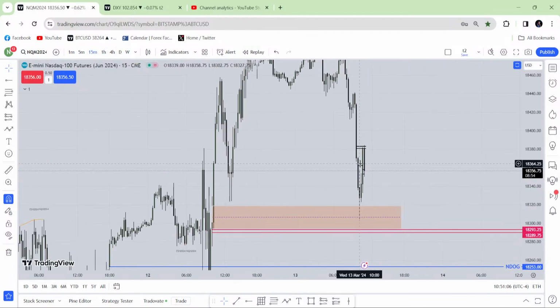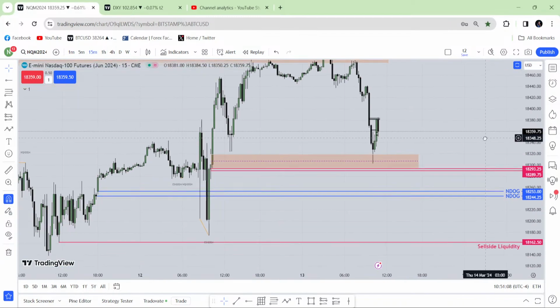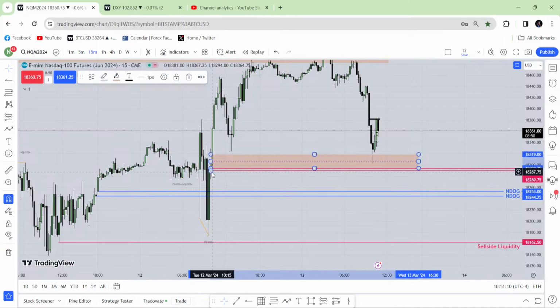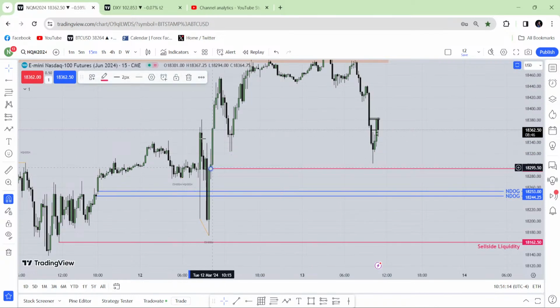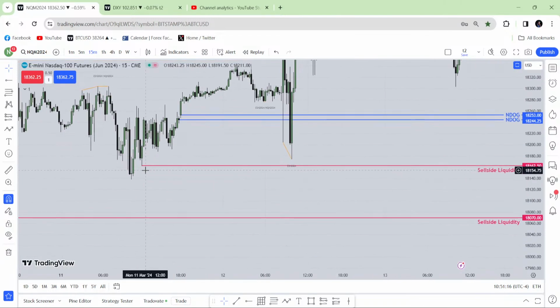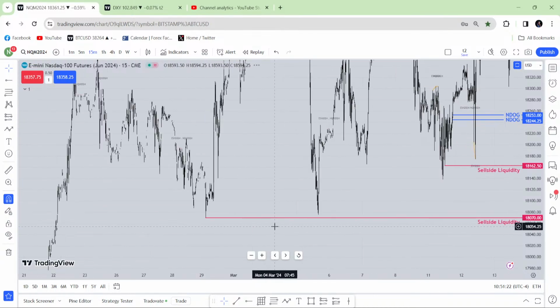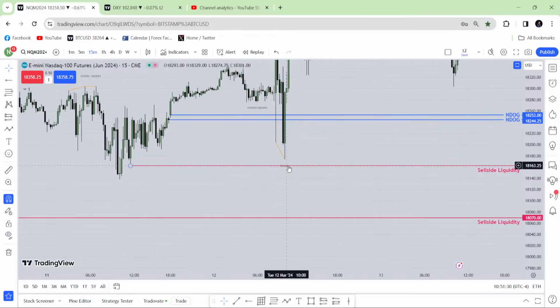Let me go over here. Look, I'm going to remove this line, and that line as well from my chart. Look here, this low and that low are relatively equal lows for me. Again, this low and that low are also relatively equal lows. See the point difference here and here. Simply, it looks like relatively equal lows.